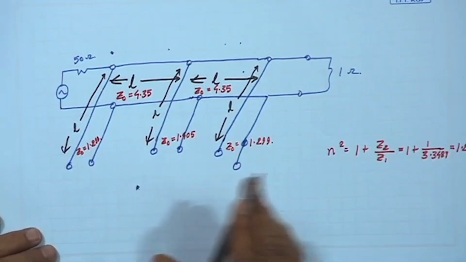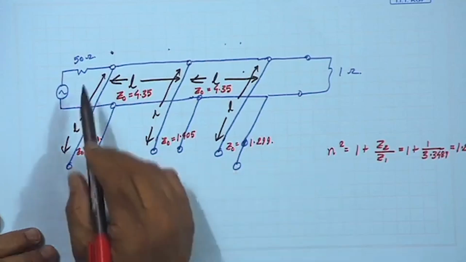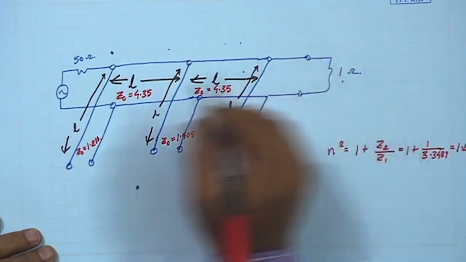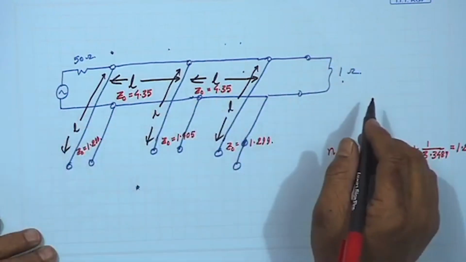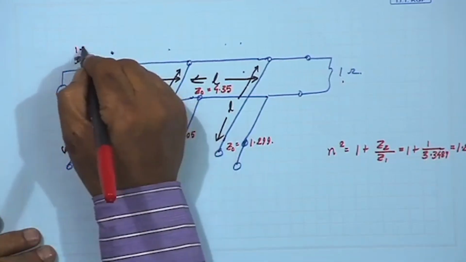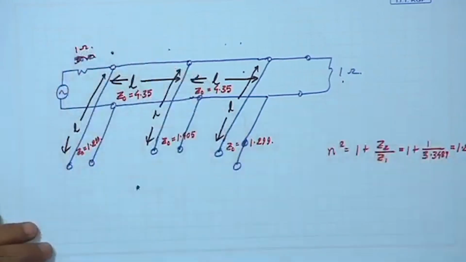Now, instead of this 1 ohm, I have the impedance labeled as 50 ohm. So, this was 1 ohm. Now, I need to scale up to 50 ohm.